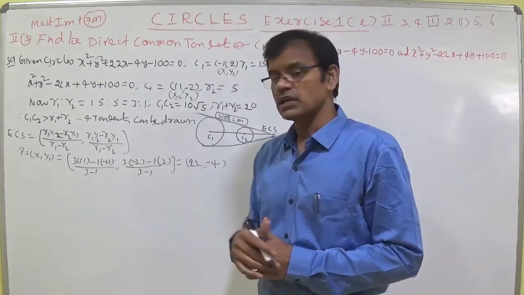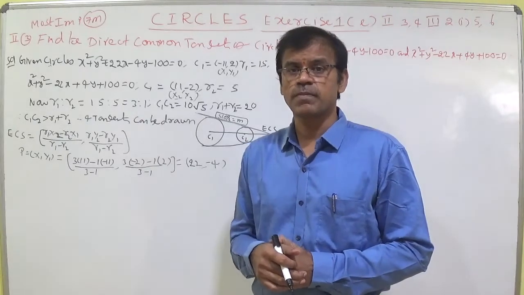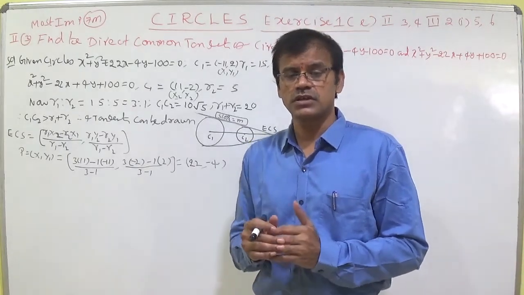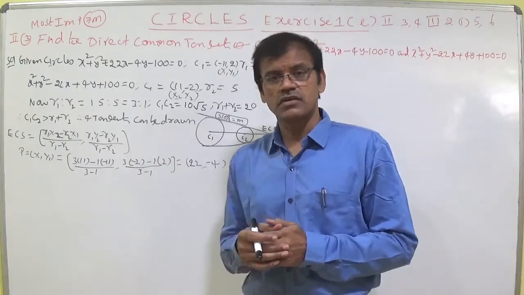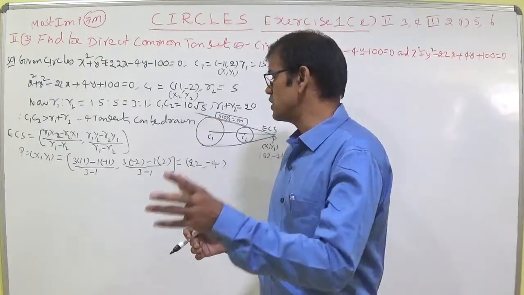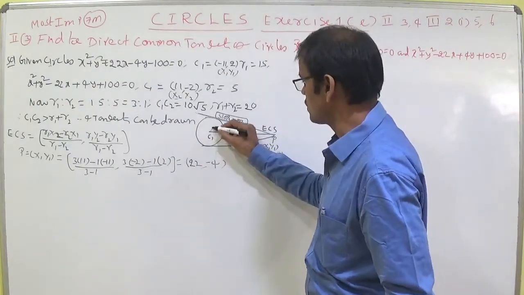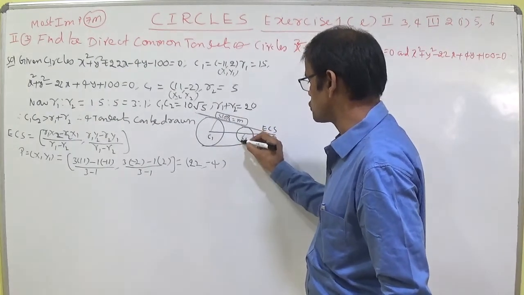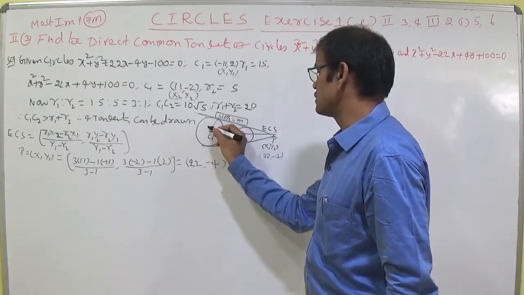After writing this equation, apply the condition of tangency of the circle. The condition of tangency is r is equal to d. You can use the condition of tangency for the first circle or the second circle, that is your wish, no problem.